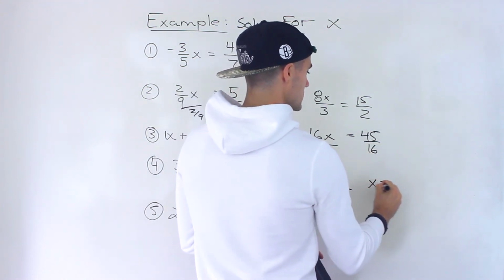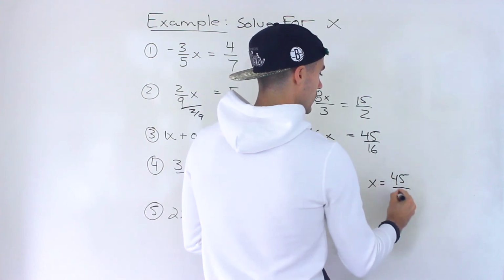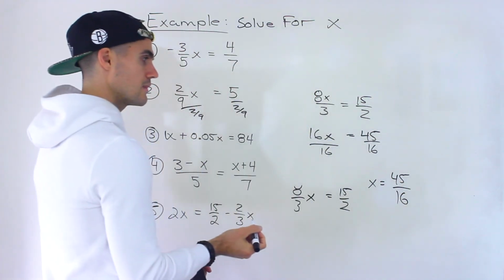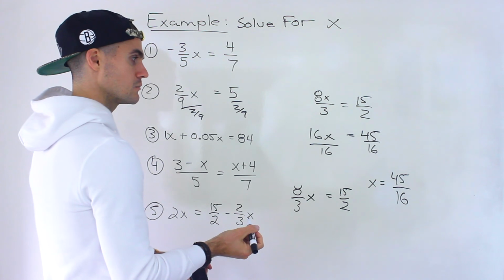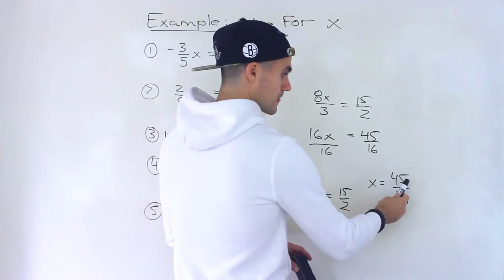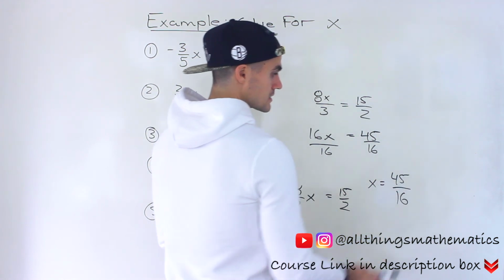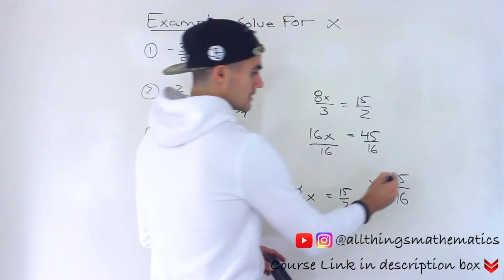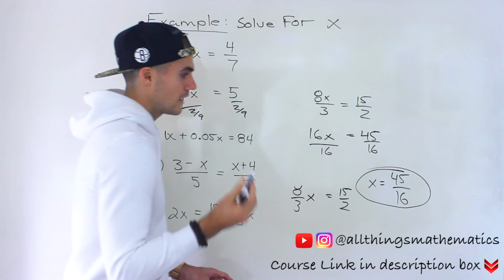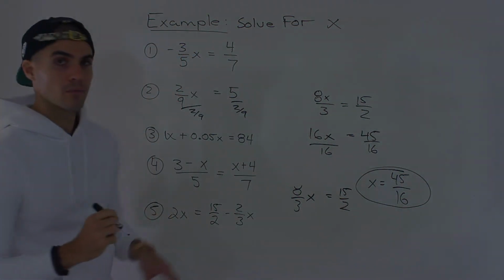So we'd end up with x equals 45 over 16, and I do not believe it simplifies. The 45 we can't divide by 2, can't divide by 4, can't divide by 8, can't divide by 16. So that there would end up being the final answer for number 5.